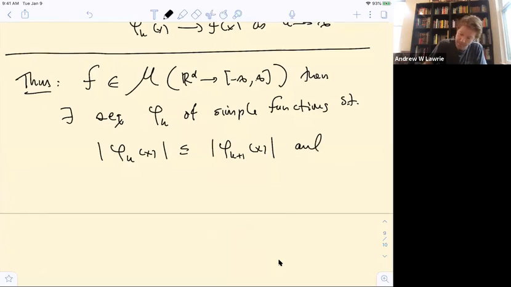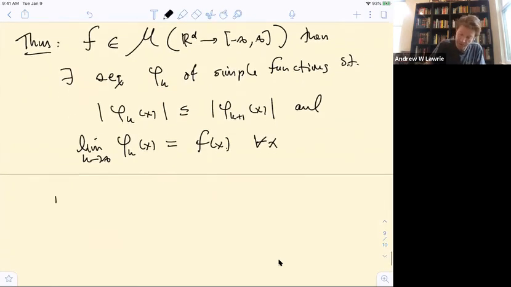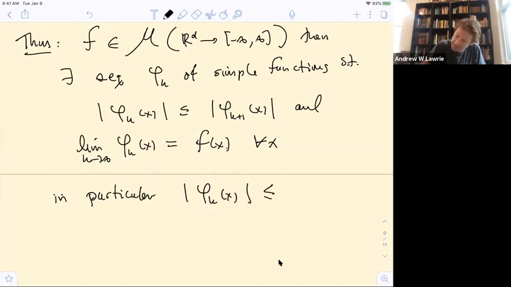And the limit as k goes to infinity of phi k of x is equal to f of x for every x. In particular, the absolute value of phi k of x is less than or equal to the absolute value of f of x. So in this sense, they still approximate from below.